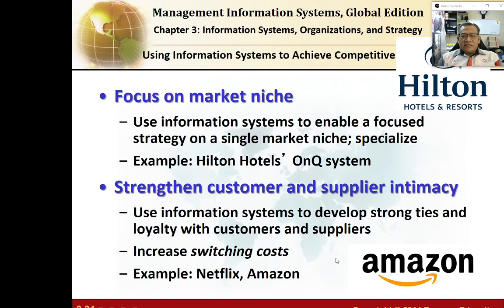And an IT system could be used to strengthen customer and supplier intimacy, of course. For example, if you purchase books at Amazon, normally you get your book within 10 to 12 working days. The book that you order is normally sent from the US, and Amazon engages a courier or delivery company like FedEx, Federal Express, or UPS to send the book from the US to Malaysia.